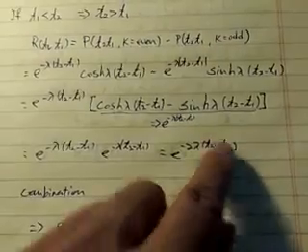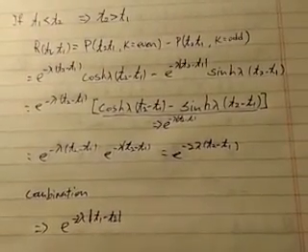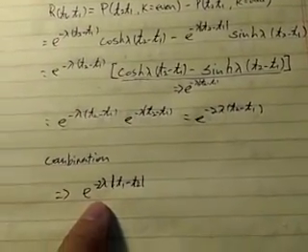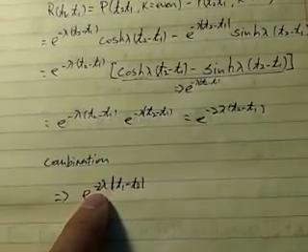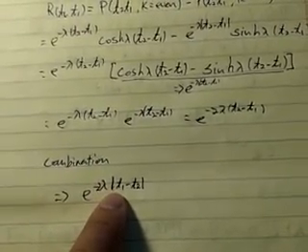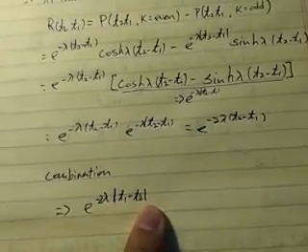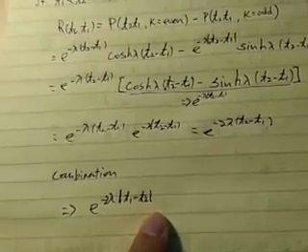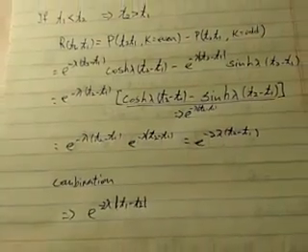So we combine the case T1 greater than T2 and the case T2 greater than T1. Combined together, they become e to the power of minus 2 lambda absolute value of T1 minus T2. That is the answer of the autocorrelation. Thank you.